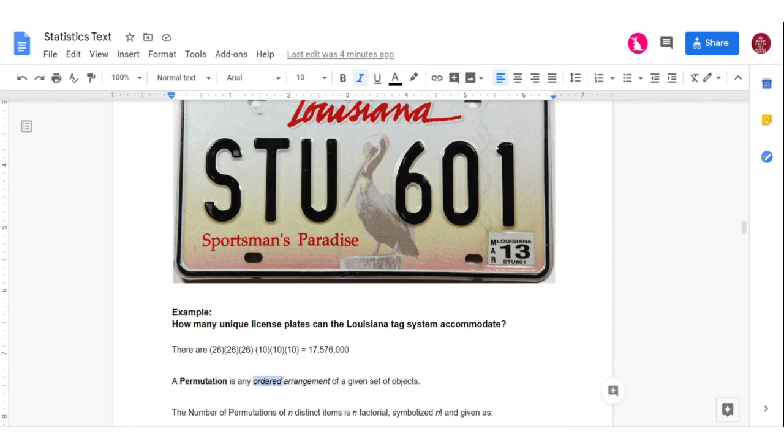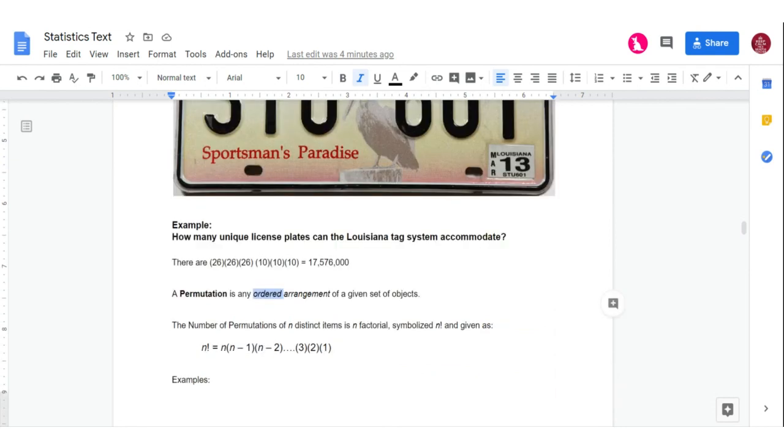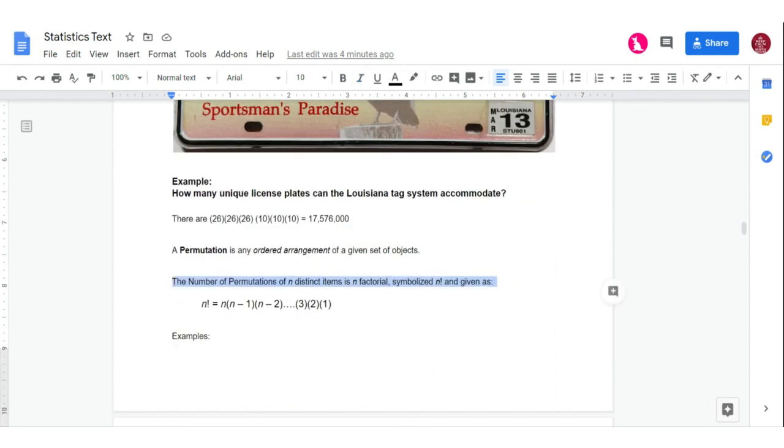In other words, STU is totally different from UTS or TUS or SUT. Those are all unique when we're talking about a permutation, because order is important. So a true permutation here, though, is just an ordered arrangement of indistinct objects.